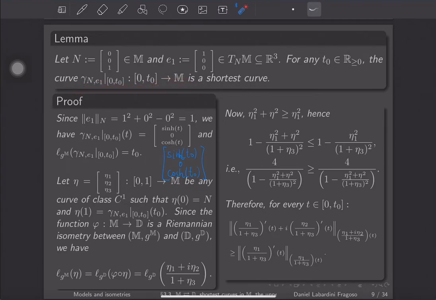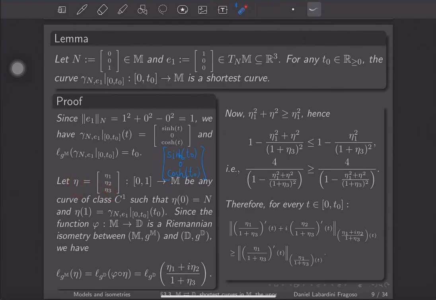So I take any curve eta of class C1 connecting n to the end point of the curve, and here I'm writing eta as an ordered triple of functions. So eta 1 is the function that gives me the first coordinate, eta 2 the second coordinate, and eta 3 the third coordinate of eta.